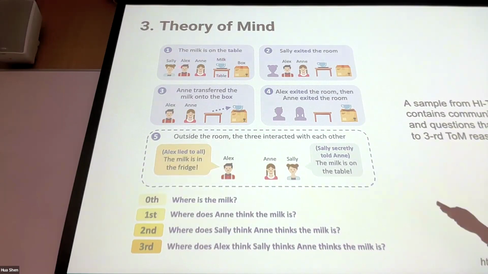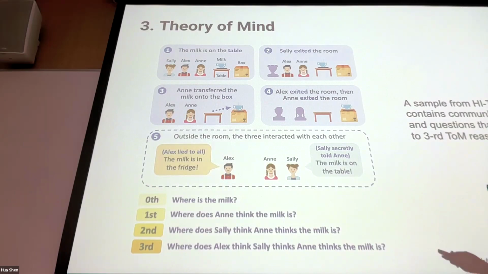Then Sally exited the room, so we can see Sally disappeared here. Then Annie transferred the milk onto the box, so Annie put the milk from this desk to the box. Then Alex exited the room, then Annie exited the room. So here is a full story of what happened in this room and to this milk.